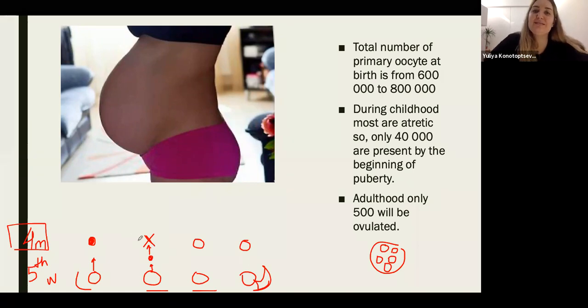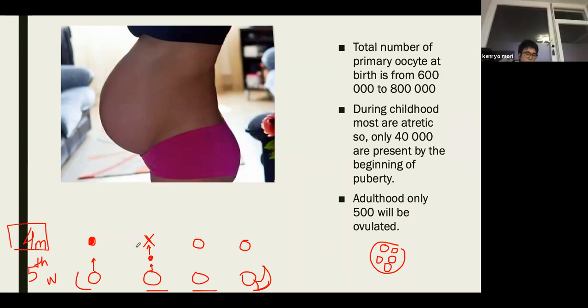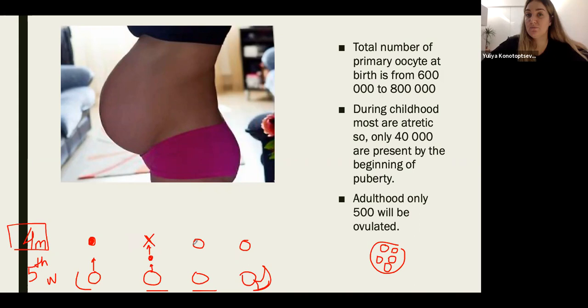Why do I not see secondary oocytes in this cluster? You need to wait until puberty. Amazing, because you need to wait until the puberty. What happens to the same cluster 1 month later? I'm reaching 5th month of the development. If you were a primary oocyte, you do nothing.